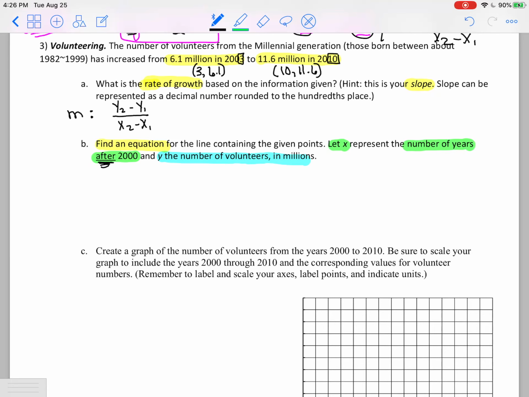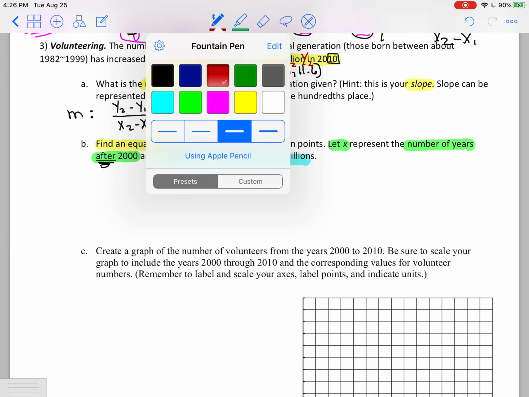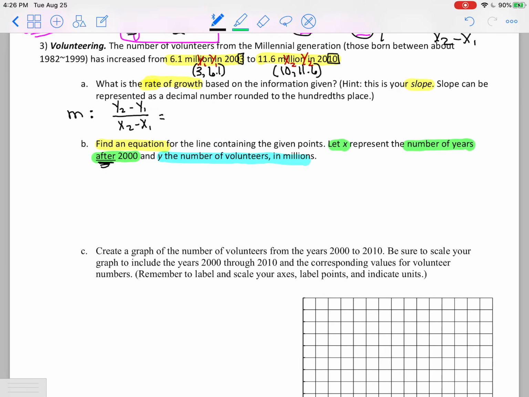And remember, guys, it does not matter whether we call this one our first point, x1, y1, and this x2, y2. I could have reversed those. As long as you're keeping the y's on top and the x's on the bottom, and if I start with this y, I have to start with this x as well. You can't flip those around, otherwise you're not going to get the right numbers.